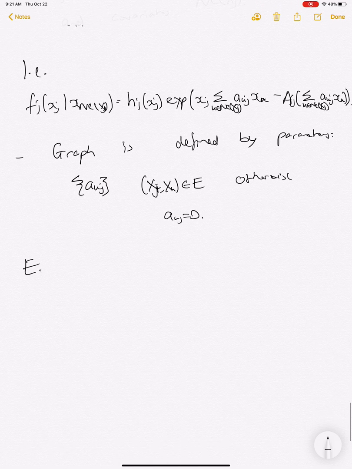So for example, if xj is binary, we can fit a Bernoulli model.